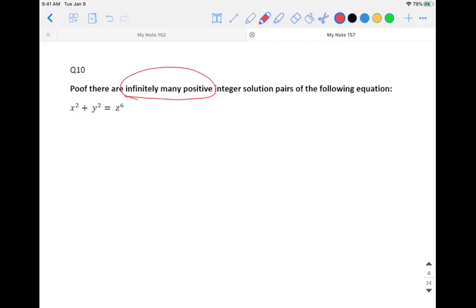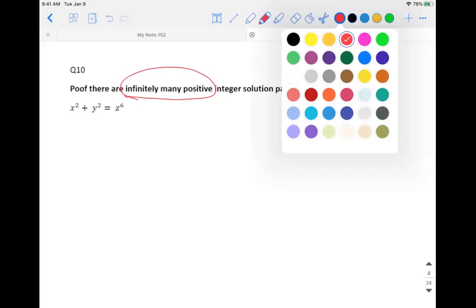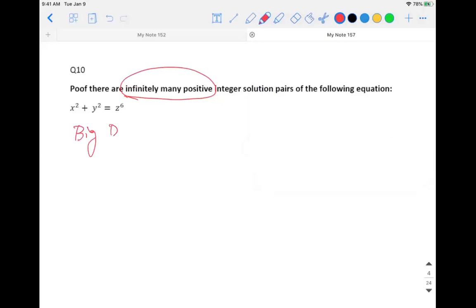Before we jump to the construction, let me give you a big direction. If you are trying to find infinitely many pairs of solutions, the big direction always goes for two things. Either you find one pair of solution, say A, B, C, and then you try to multiply them using a specific coefficient m.